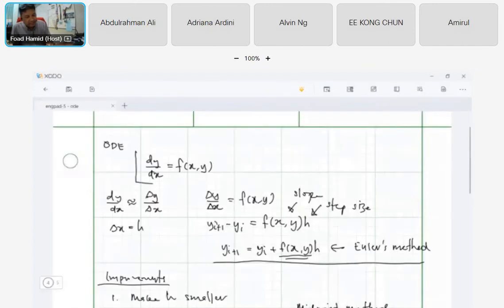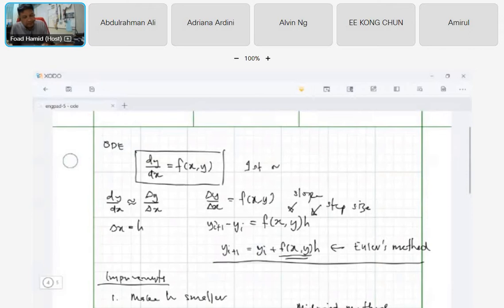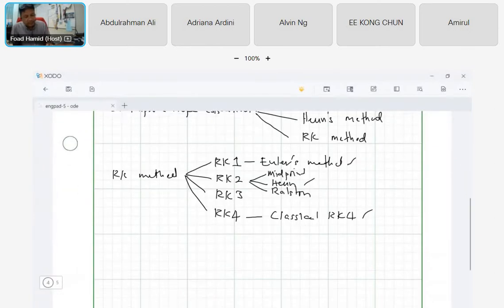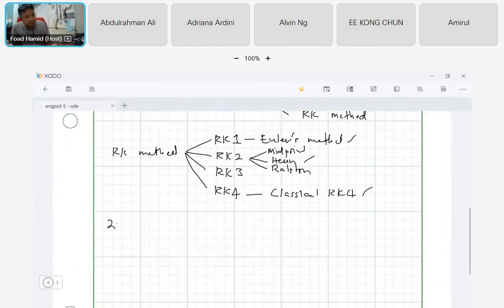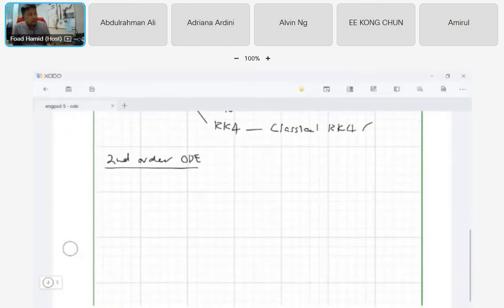So note that in this case, this is a first order ODE. And then I think last week we talked about second order ODE. So how do we solve second order ODE? I think we have some examples I presented last week in class.